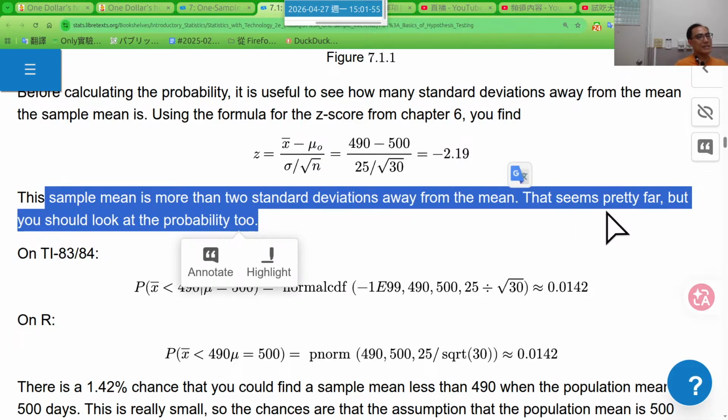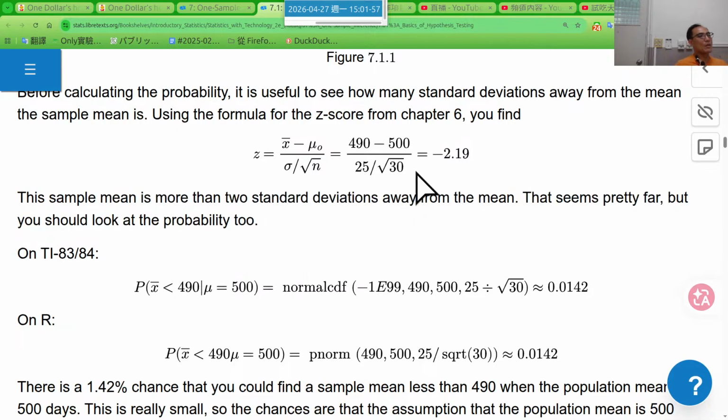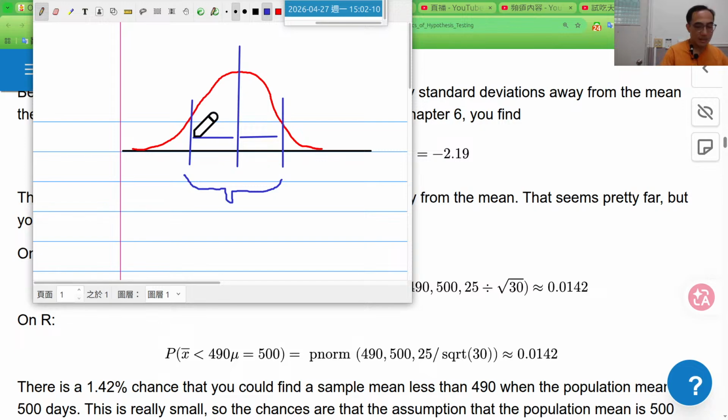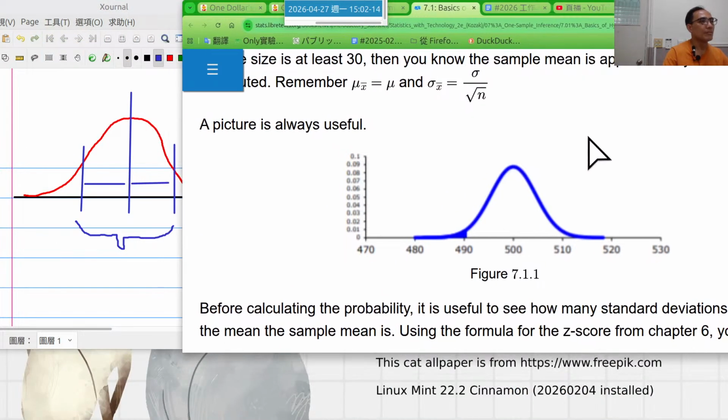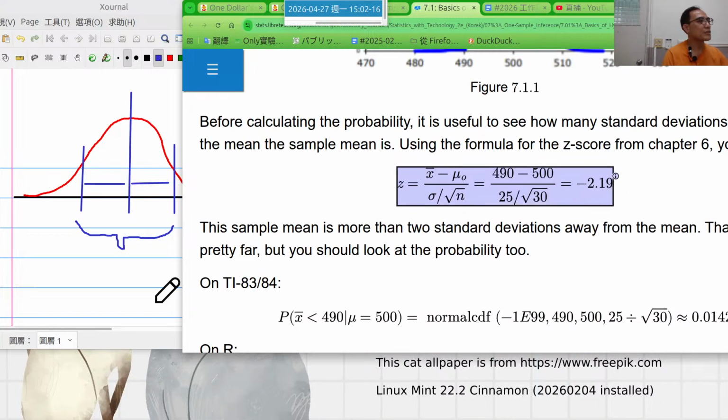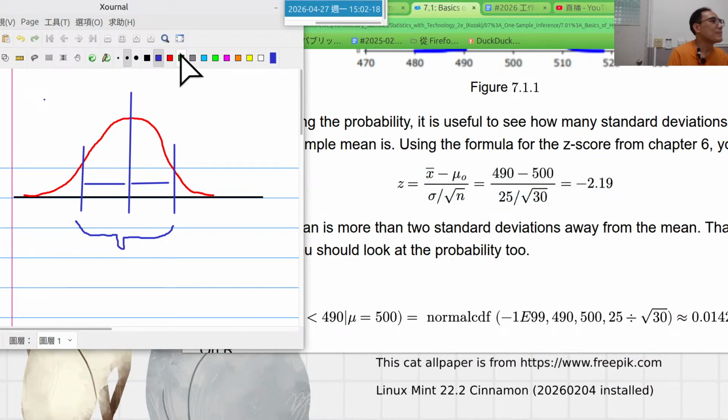And this sample mean is more than 2 standard deviations away from the mean. That is pretty far. Again, what does it mean here? Minus 2.19 means here. Let me use the green one.